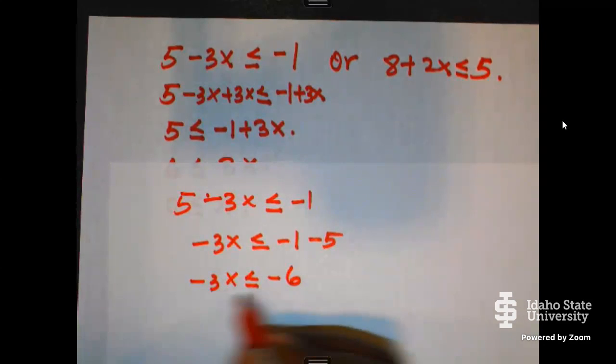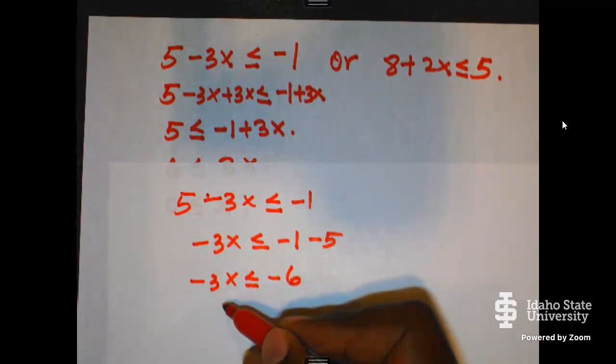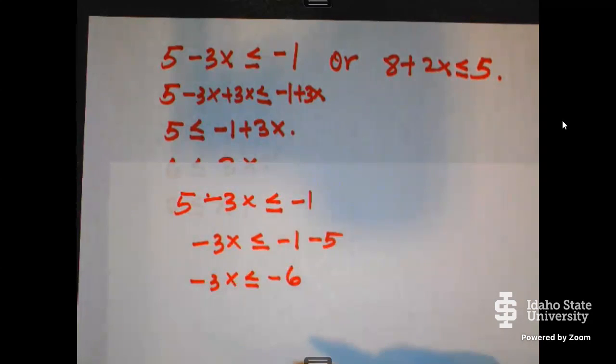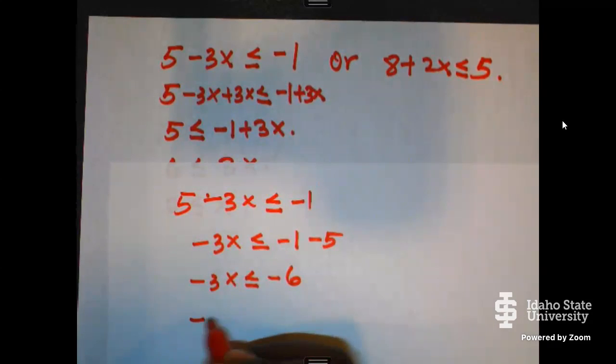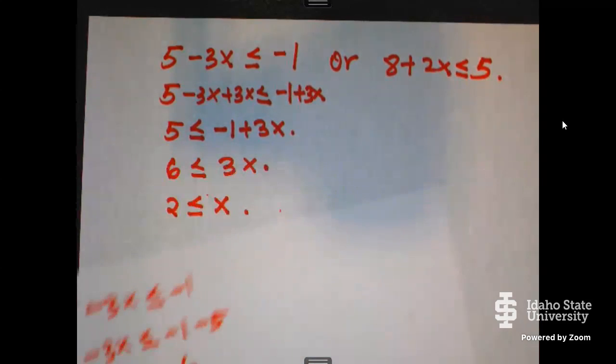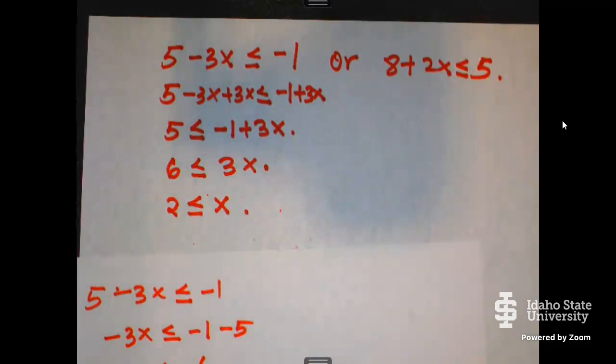So we need to divide by minus 3. So when we divide by a negative, we change the inequality. So it will be x greater or equals to what? 2. So it's the same solution.